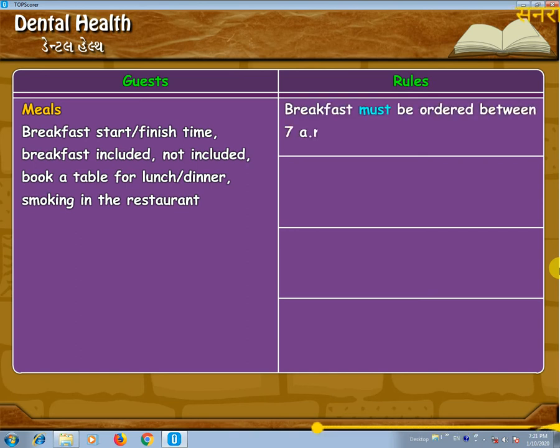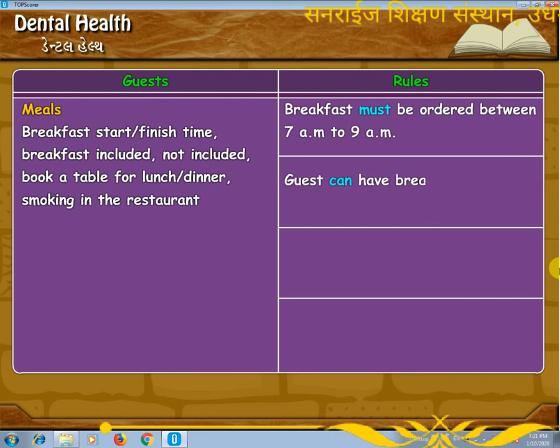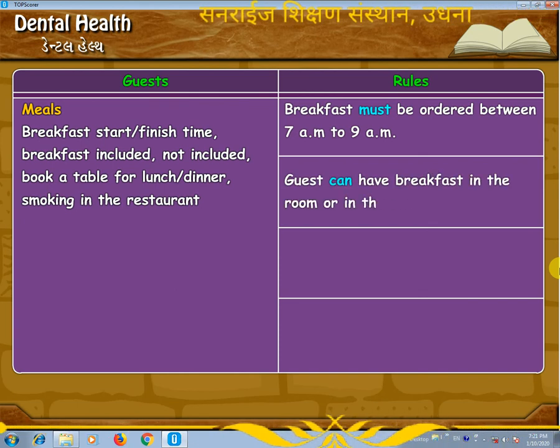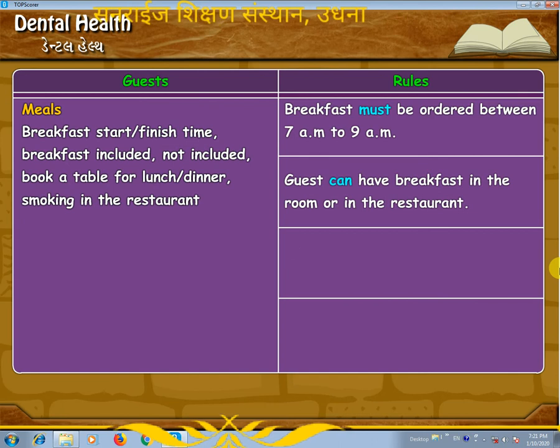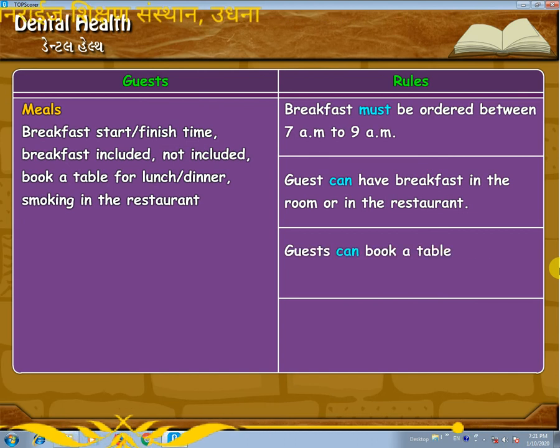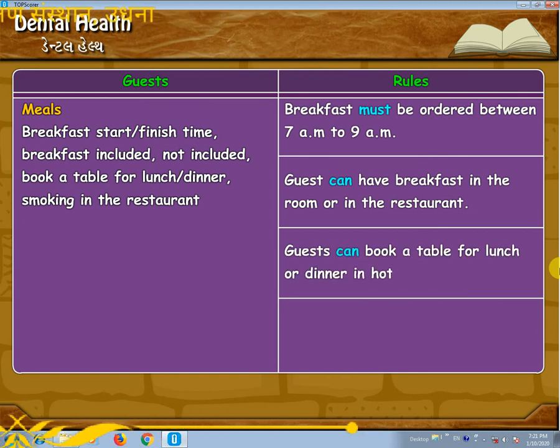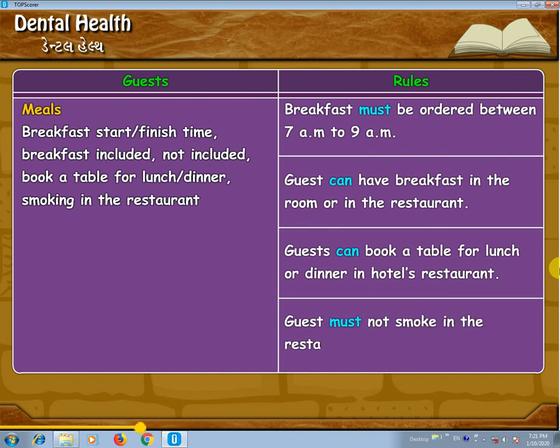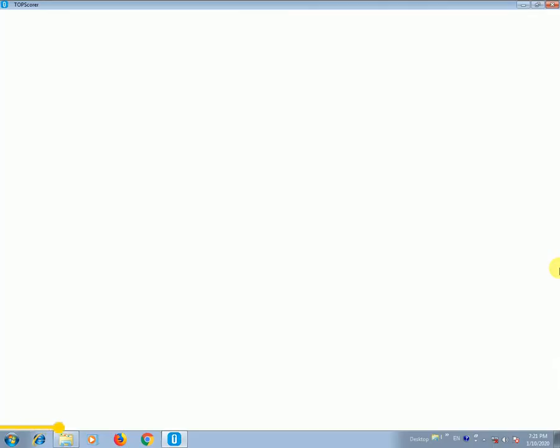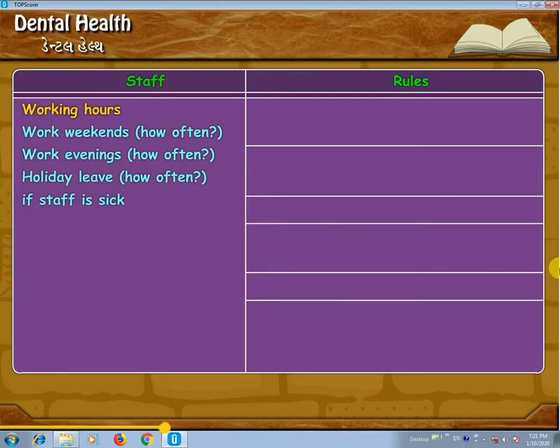Staff. Working hours. Work weekends. How often? Work evenings. How often? Holiday leave. How often? If staff is sick. Rules. Day shift staff shall report on duty at 8 a.m. Night shift staff shall report on duty at 8 p.m. Staff must not take leave on weekends.